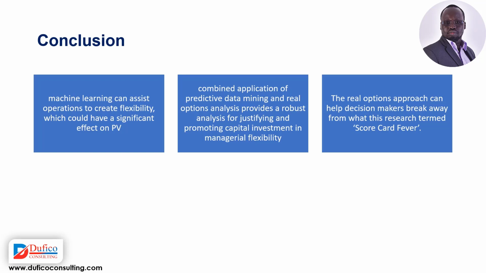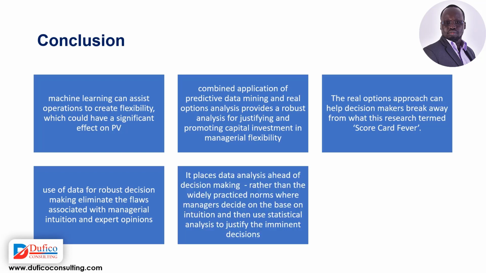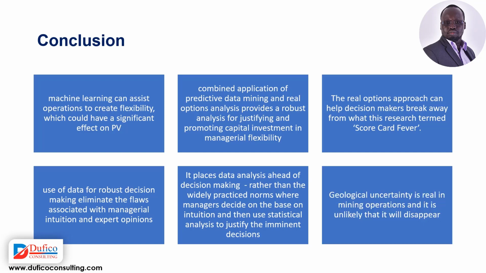Because when you know the risk, you can create option. Additionally, it helps justify and helps managers to move away from what we call scorecard fever. In one of my papers, we call it scorecard fever, where managers are struggling to meet the short-term KPIs and sacrifice the long-term value. When you can justify, you are good.